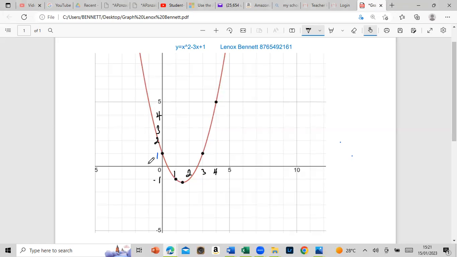Here we can see 1 matches with 5. 0, 1 is on the y-axis, and we have 1, negative 1. We did 2. 2 goes with negative 1 right here. And 3 went to 1.